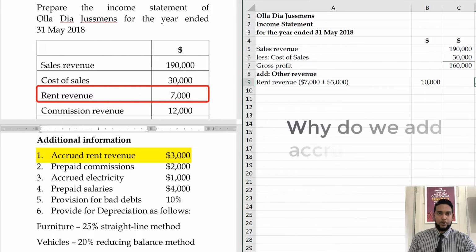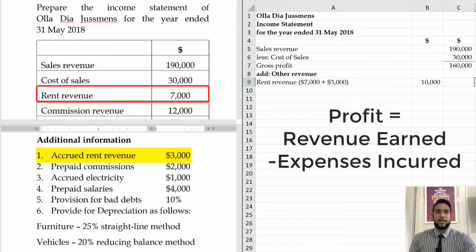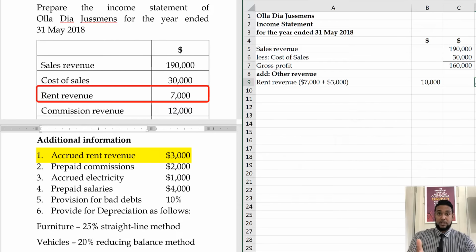Now, why do we add accrued portions? Let's talk about it very quickly, because I've covered this in a previous video. To calculate profit, we have to match revenue earned in a period with the expenses incurred. We're talking about rent revenue here. We've earned $10,000. How do we know that? Because the information on the left above says rent revenue $7,000. That's rent revenue received.